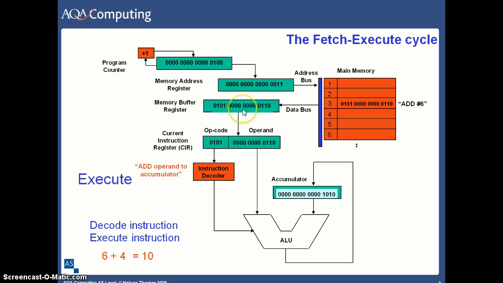The contents of the memory buffer register is transferred to the current instruction register. That is the instruction being fetched. The opcode is decoded using the instruction decoder, and the operation is performed on the accumulator. So that is the fetch execute cycle.